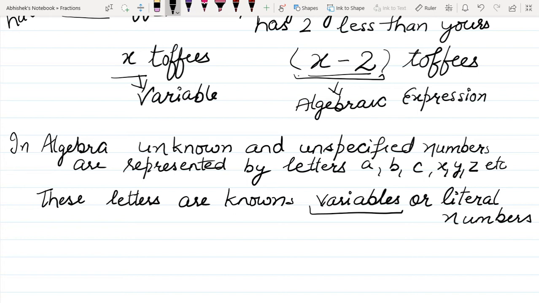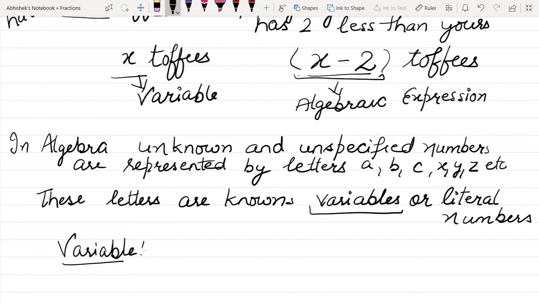Now, what is a variable? A variable is a symbol which does not have a fixed value. Its value keeps on changing.